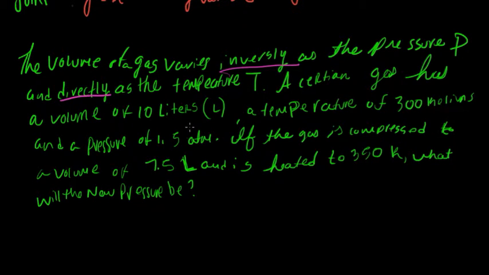If the gas is compressed to a volume of 7.5 liters and is heated to 350 degrees on the Kelvin scale, what will the new pressure be?